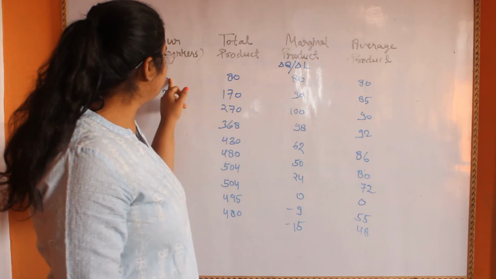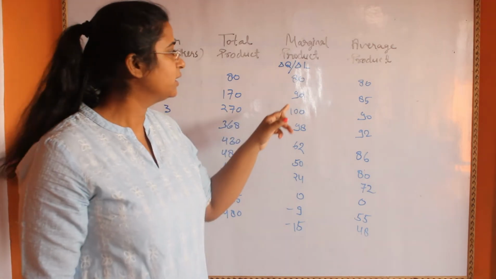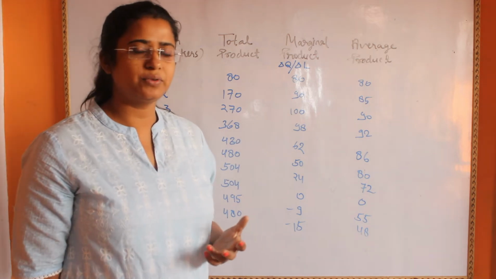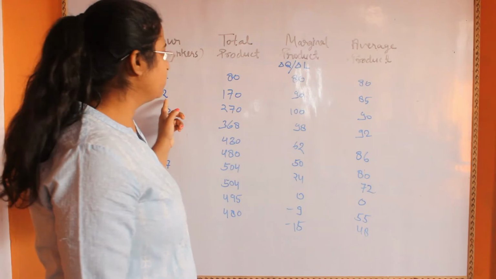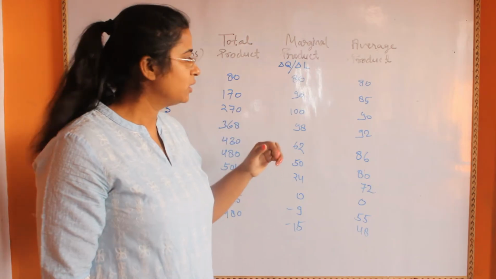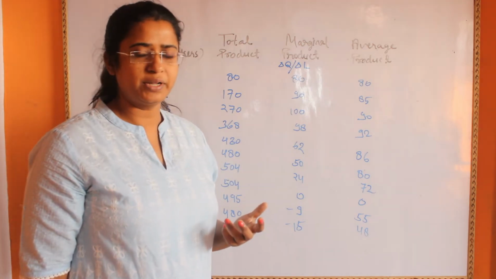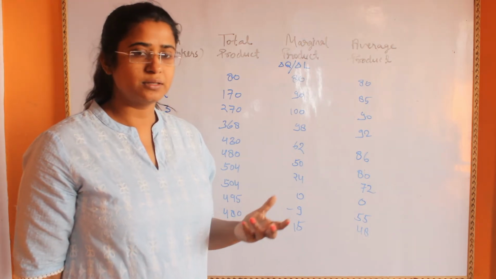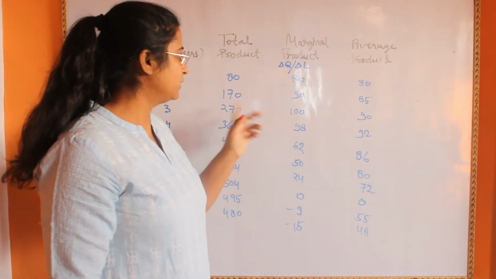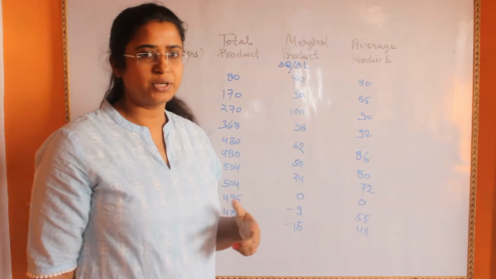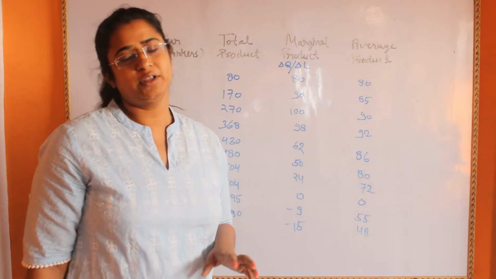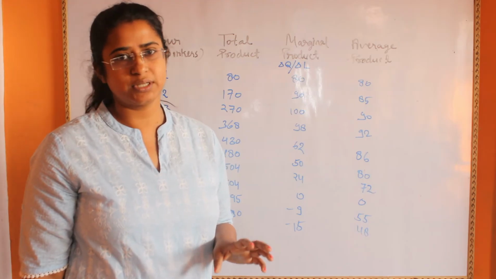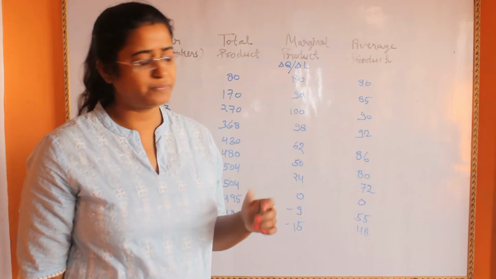When only 1 unit of labor is employed, the total capacity of the firm is not utilized. When the 2nd unit of labor is employed, more of the productivity of the firm is reaped, and at the 3rd unit, 100, the maximum possible productivity of the unit is achieved.